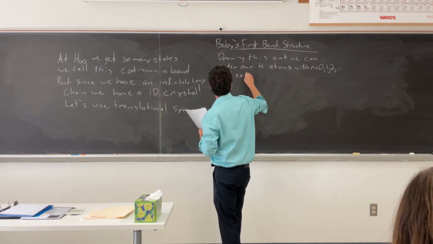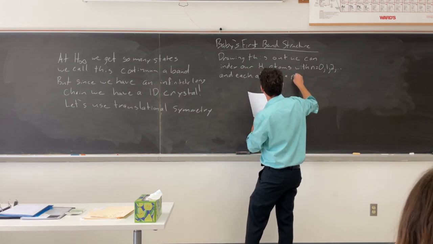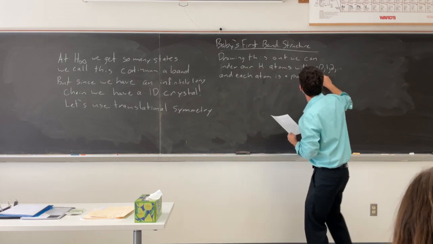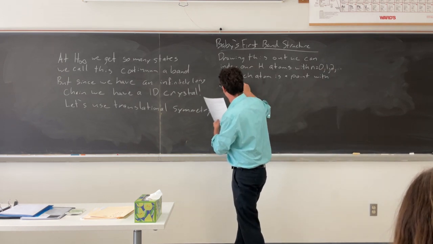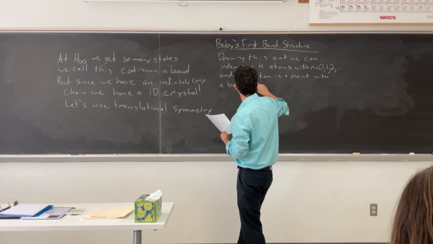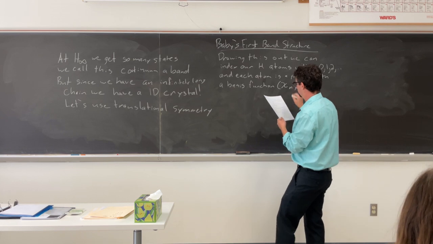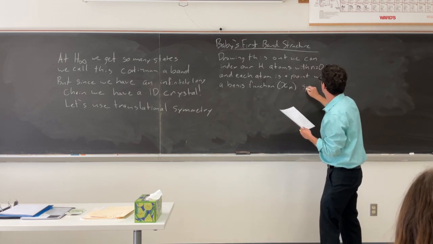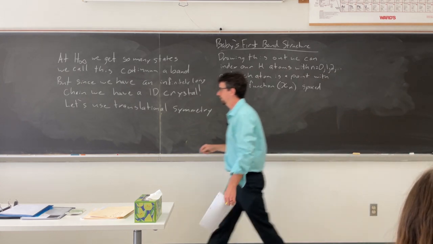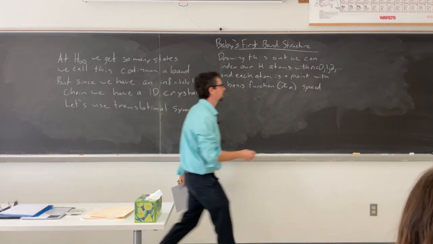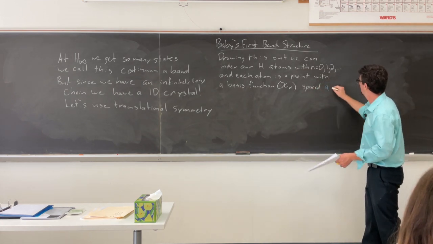And each atom is a point with a basis function, which we're going to give the symbol chi sub n, spaced a distance, a lattice vector, a, apart.